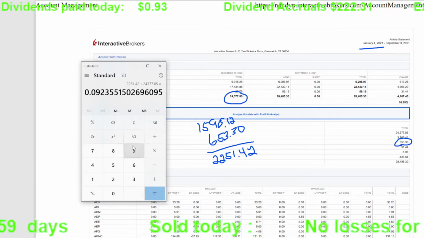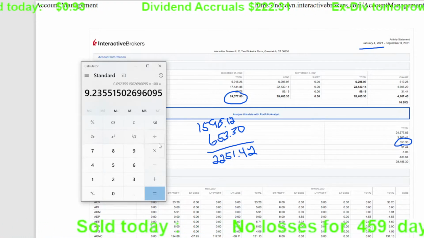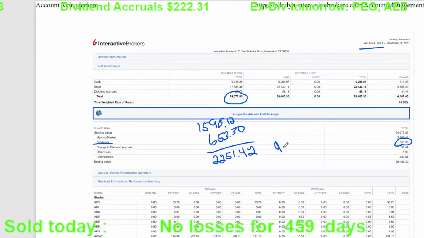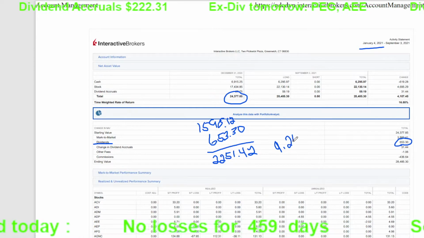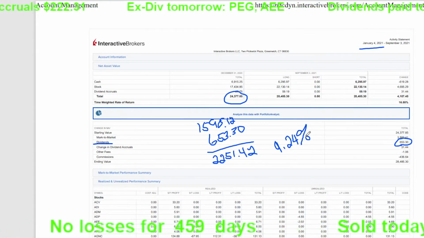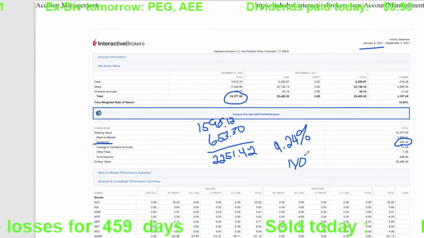Now we multiply that by 100. That gives us our percentage. So 9.24% so far this year. 9.24% on your money. No losses.